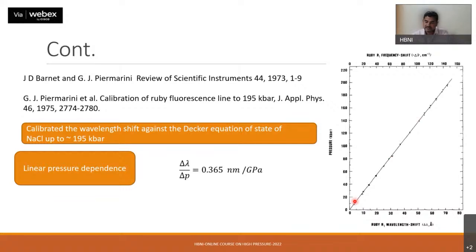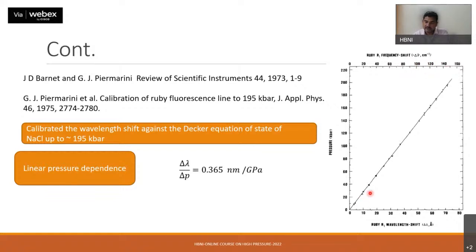This y-axis shows the pressure in kilobar, and this x-axis shows the Ruby R1 wavelength shift here in nanometer, and on the top horizontal scale, it is frequency shift delta nu in centimeter inverse.